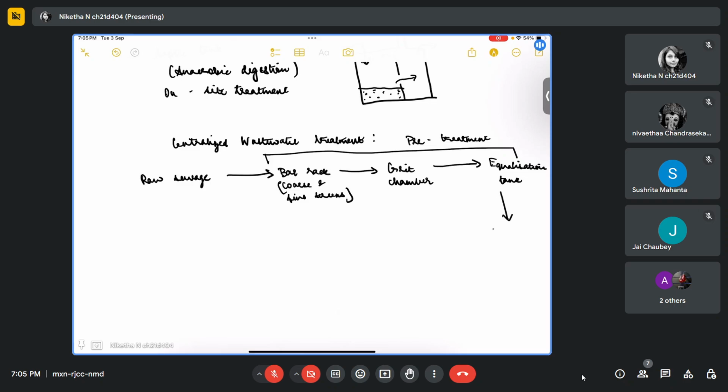This will be followed by primary settling. And then we will go for secondary treatment. Generally we use biological treatment processes.